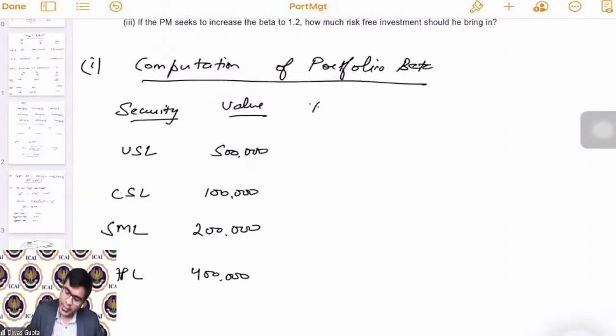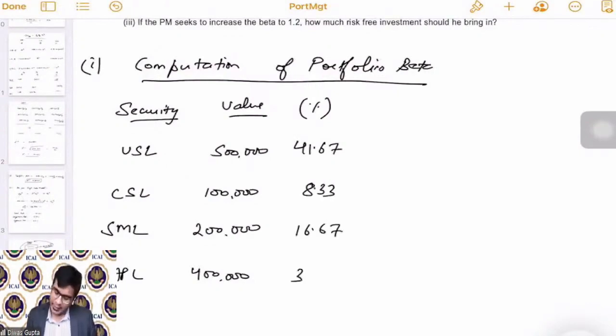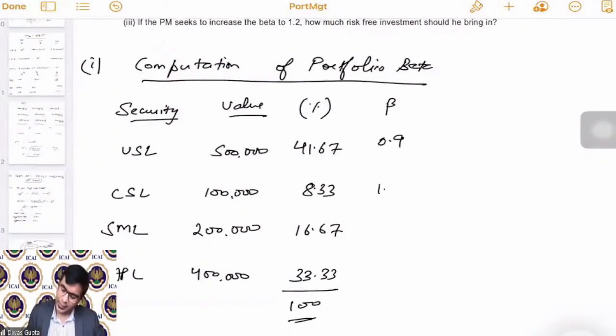Okay. Then we can simply calculate the percentage, that is the respective weight. So here it is 41.67, 8.33, 16.67, and 33.33. All of them should add up to 100. Respective betas are already given in the question: 0.9, 1.0, 1.5, and 1.2.